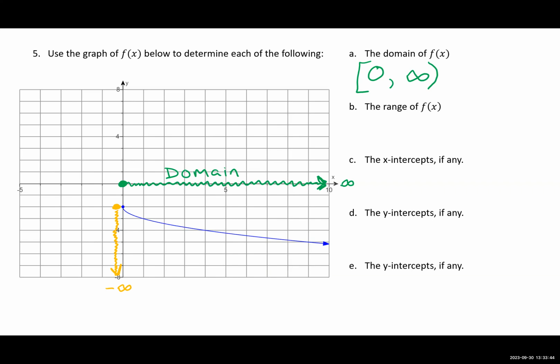Up is positive, down is negative. So the range of this function, we always start smallest to largest. So the range is going from -infinity up to -2 and then stopping at -2. -infinity gets a parenthesis because, again, infinity is not a number.